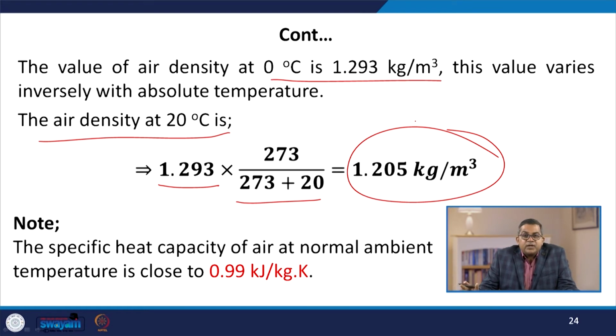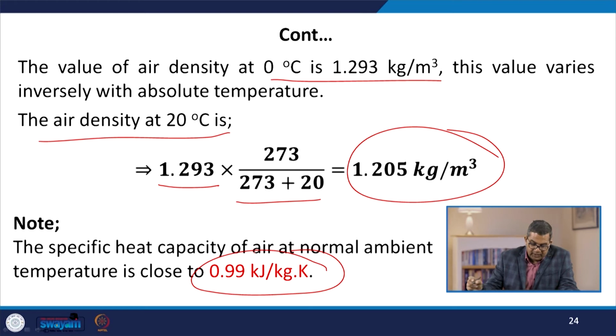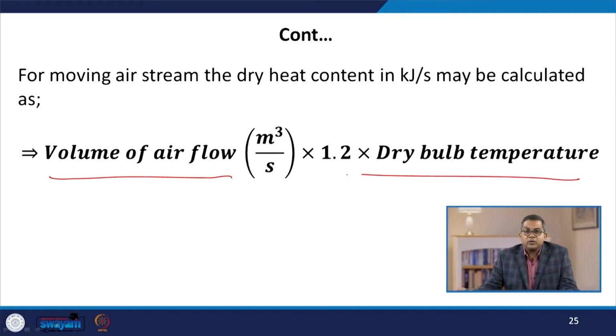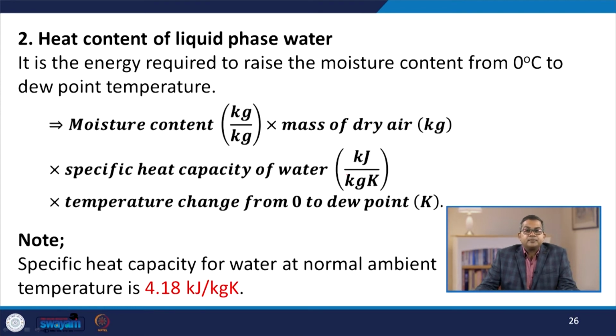The specific heat capacity of air at normal ambient temperature is close to 0.99 kilojoule per kilogram Kelvin. If we talk about a moving air stream, the dry heat content in kilojoule per second may be calculated as the volume of airflow, in meter cube per second, into 1.2 into the dry bulb temperature. This is the mathematical formula through which you can calculate the dry heat content of a moving air stream.